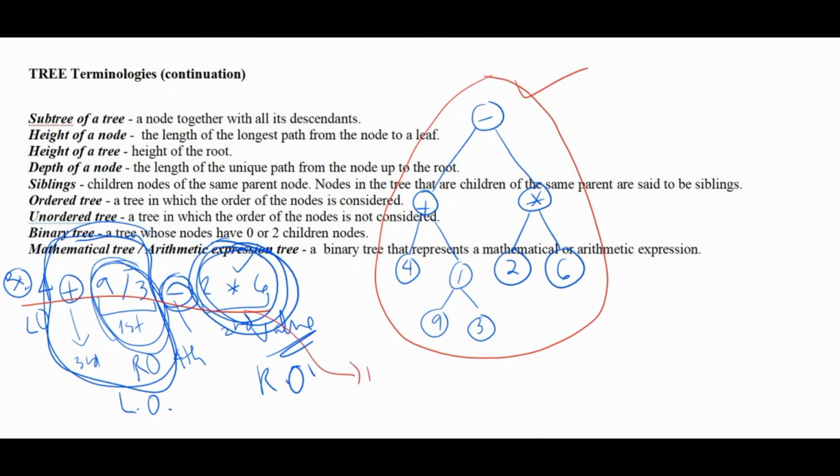Now, what have you noticed about the order of the operators in the tree? Remember, this is infix form, which means that it follows the MDAS rule. Multiplication and division are performed first before addition and subtraction, right? And so, as you see in the tree, multiplication and division, which are performed first, appear in the lower part of the tree.